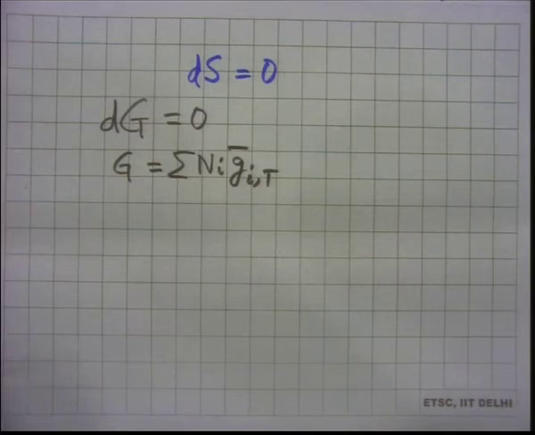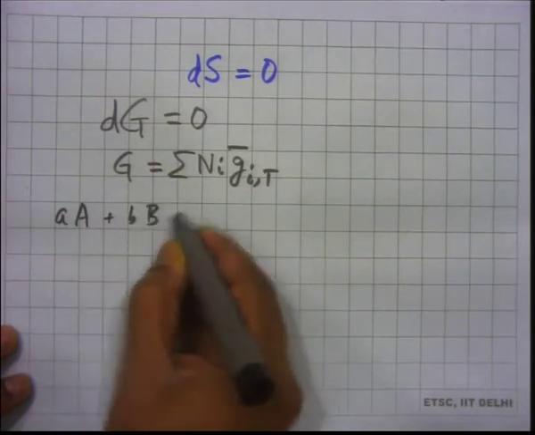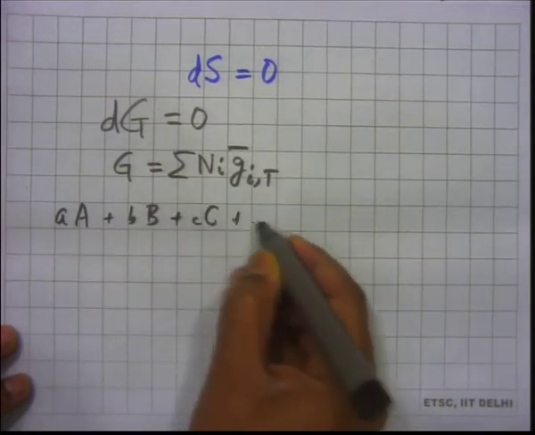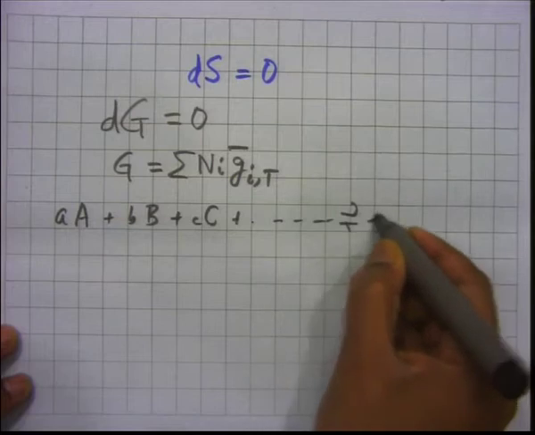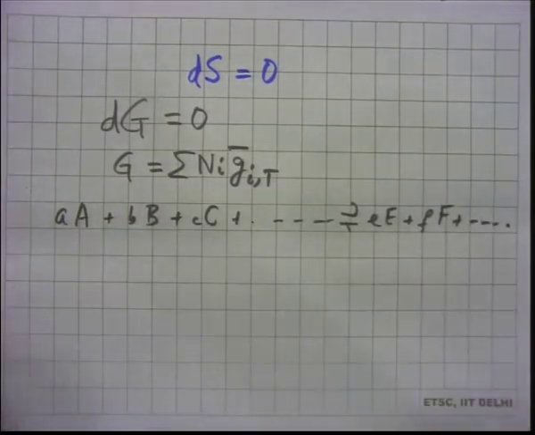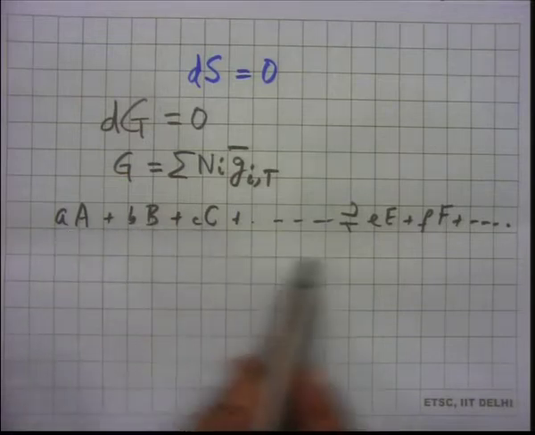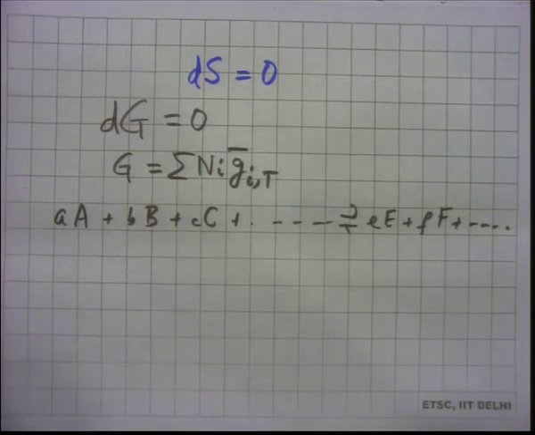And if you have, for example, a reaction like this, and all that. So, these are chemical species A, B, C, E, F, etc. And the smaller case letters which you see, small a, small b, small c, small e, etc., these are the coefficients. Just as you have 1 CH4 plus 2 O2 and things like that, you have similar things here.